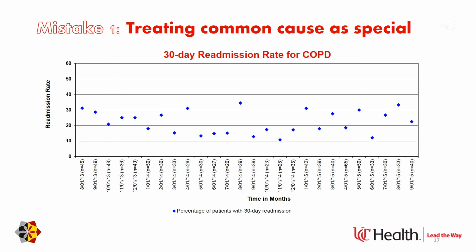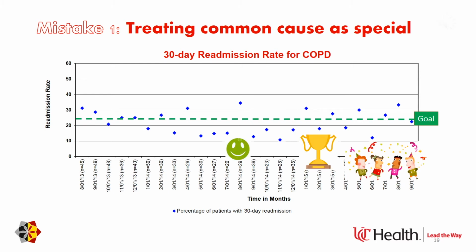There is month-to-month variation in the readmission rate. Without knowing what variation we are dealing with, we might just set a goal of 25% and start explaining each data point that comes after. If the data point is below the goal line, we are happy, we celebrate, we give awards, we throw a pizza party.